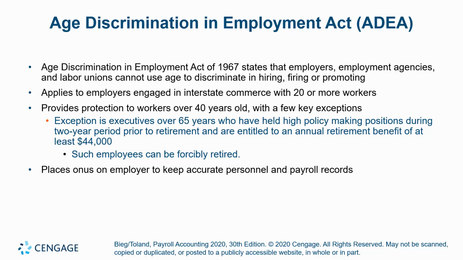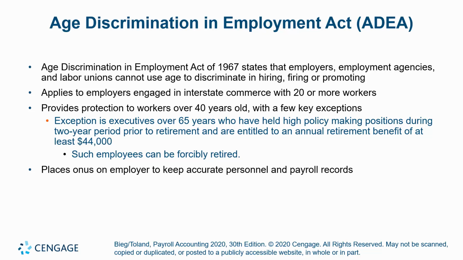I don't believe Nixon was elected until November of 68. So LBJ also signed this. ADEA said you can't discriminate in 4 things: hiring, firing, promoting, and compensating. So basic employment practices. You can't discriminate based on age.